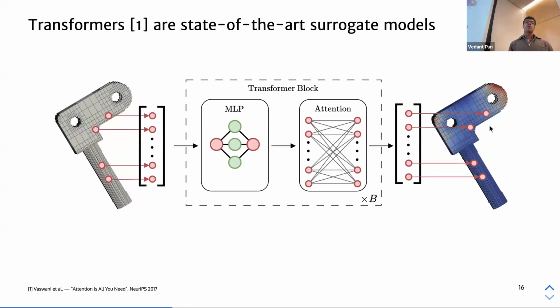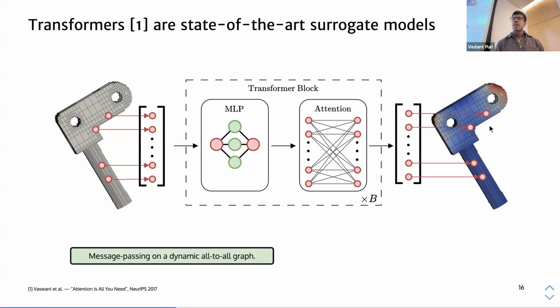Awesome. So the state-of-the-art neural surrogate models are all transformer-based neural networks which perform the following operations multiple times. The first operation is an MLP that is applied to every point in parallel. And the second operation is called attention, which involves every node attending to every other node in the mesh to update its value.